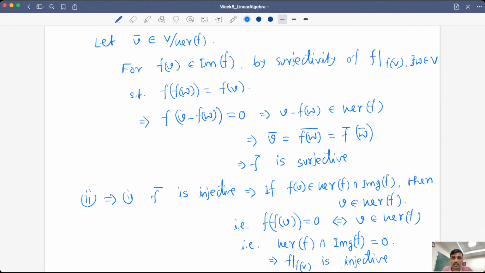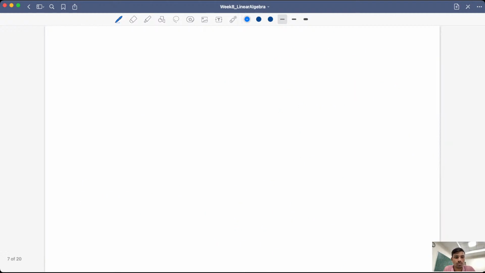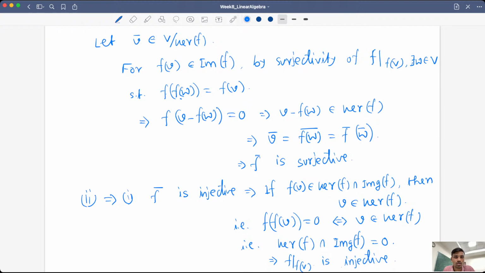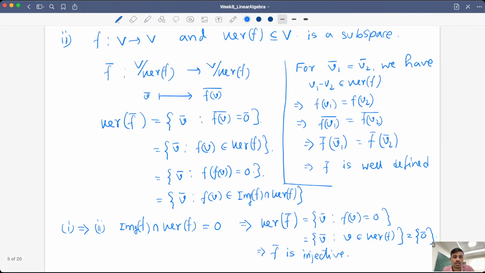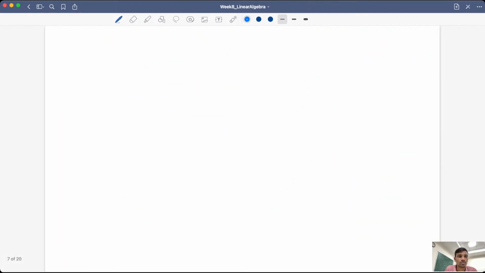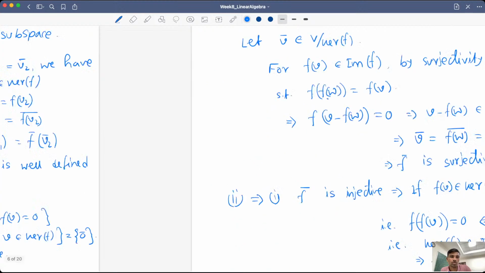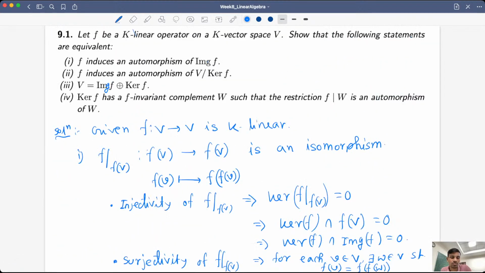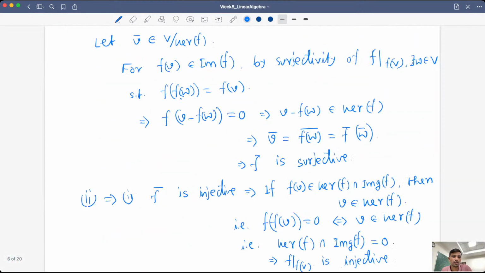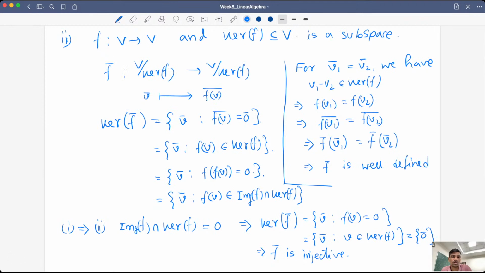And for the surjectivity again, what I need to show is that if I take any element from V mod kernel f, I need to show the surjectivity of f restricted to f(V), right? The surjectivity of this one is given.